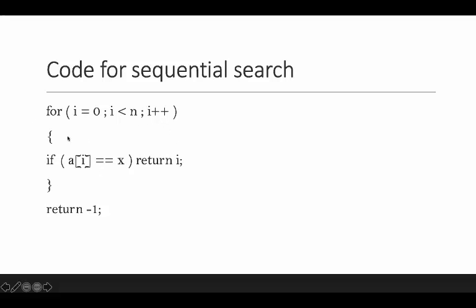And what is there in the for loop? If there is a match, then return the index. Otherwise, repeat the for loop. If the for loop is terminated, if it reaches the threshold value, then it has to return -1. This -1 indicates the search is unsuccessful, that means x is not found in this array.